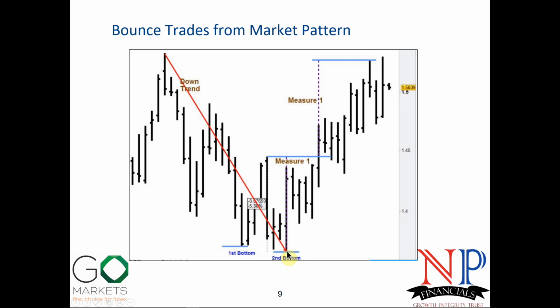Many things are extremely important here while we are defining this. First, it must appear after a downtrend. That's what we saw in the second and third term: P star, T star, P, T, U, D. You remember all those things I told you already in the previous webinars. That's why these webinars are so priceless. The second thing is that the second bottom and the first bottom must be at least swing lows. This is a swing low and this is a swing low, because this low is lower than this one, and similarly this low is lower than that one.